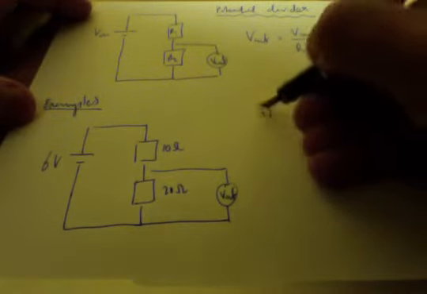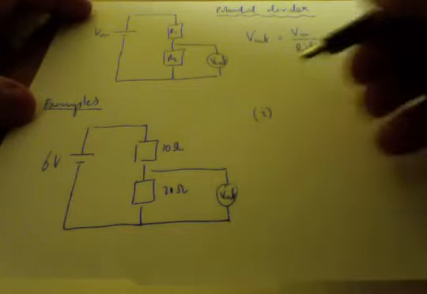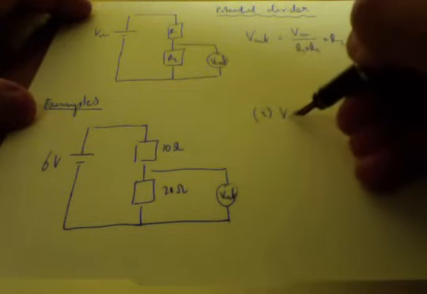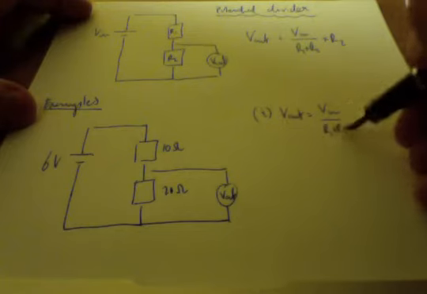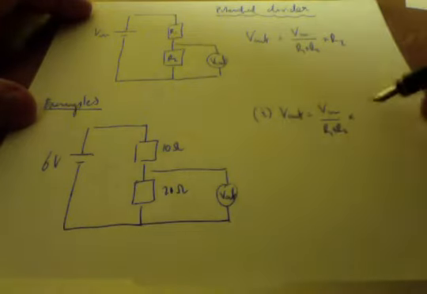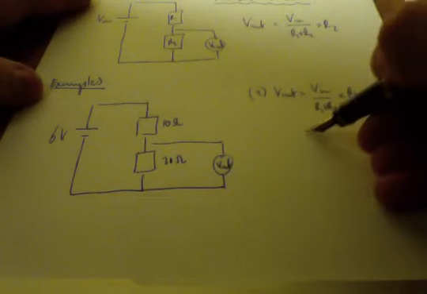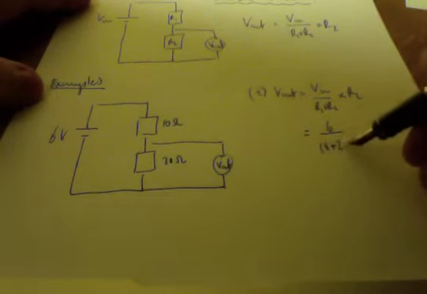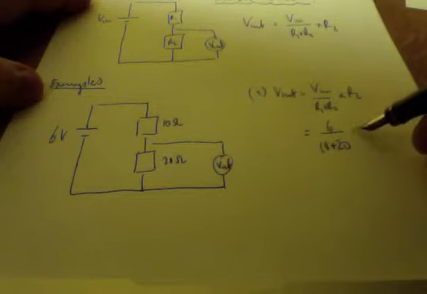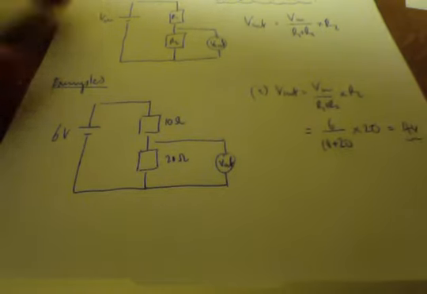Okay, let's do it first of all algebraically with the potential divider equation. We want V out, which is the same as V in over R1 plus R2 times the second one. So 6 over 10 plus 20 times by the 20 gives us 4 volts, similar to the last one.